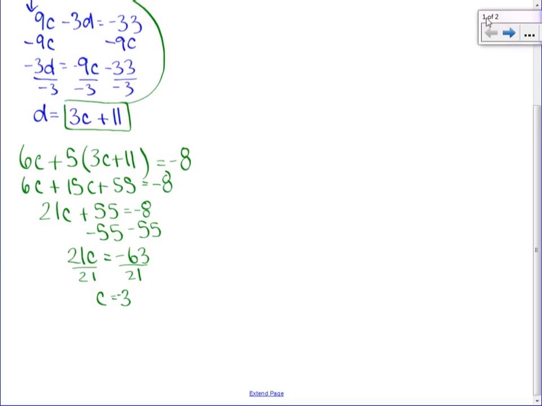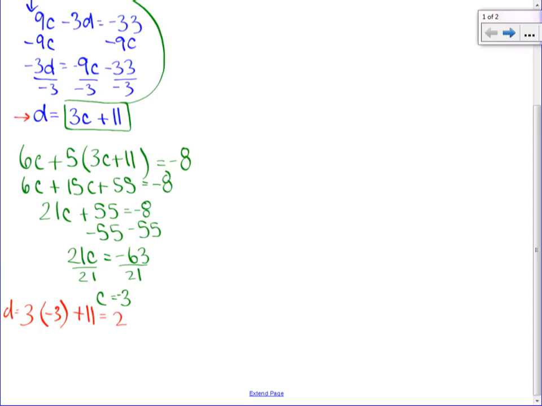Well, you can put it into either one of the original equations, or this one is the easiest one, because d is already by itself. So we take 3, put in our c value, which we just found out, and simplify. So what's that? 2?